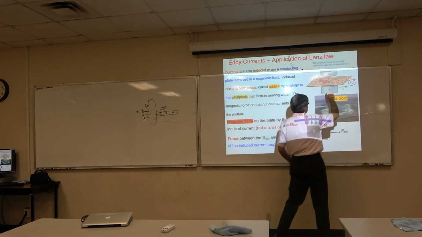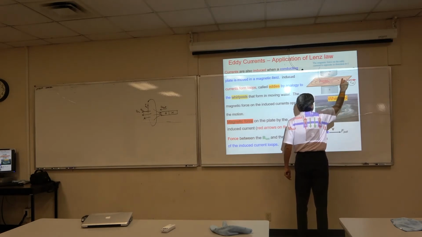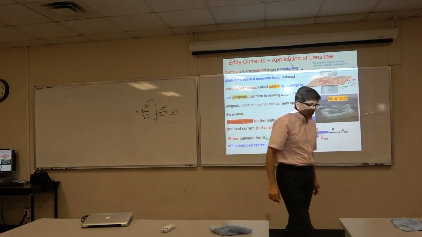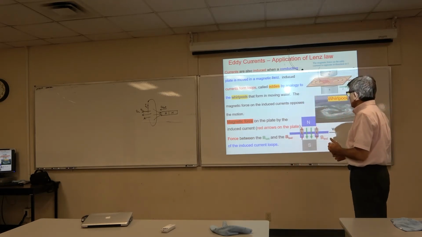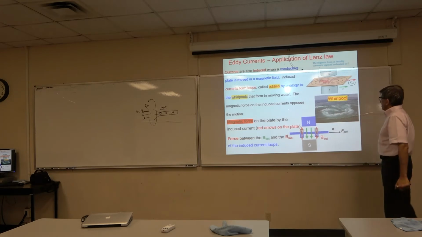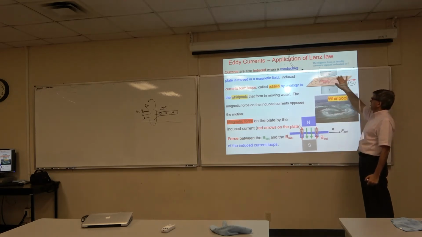So the charges will start moving in the form of loops, similar to a whirlpool in moving water, like this. Okay, so the currents will start flowing in the form of whirlpools.